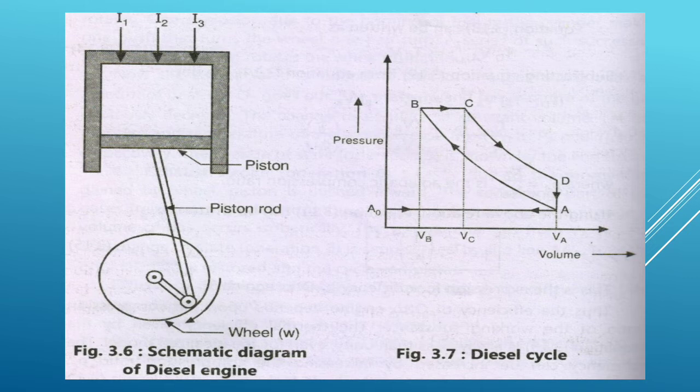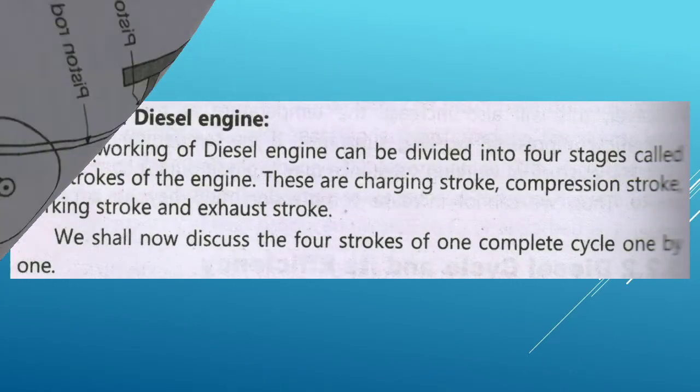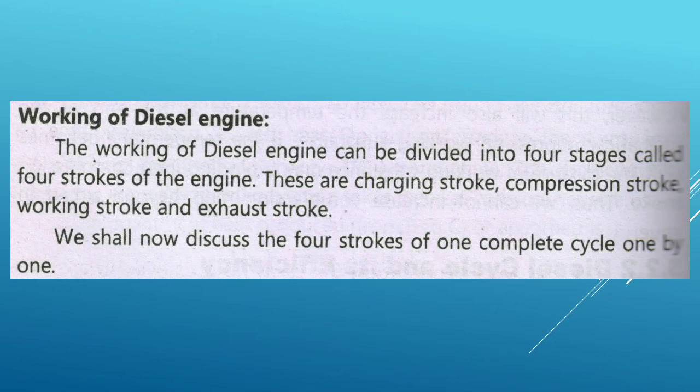Now the working of diesel engine can be divided into 4 stages called 4 strokes of the engine. Now these are charging stroke, compression stroke, working stroke and exhaust stroke.